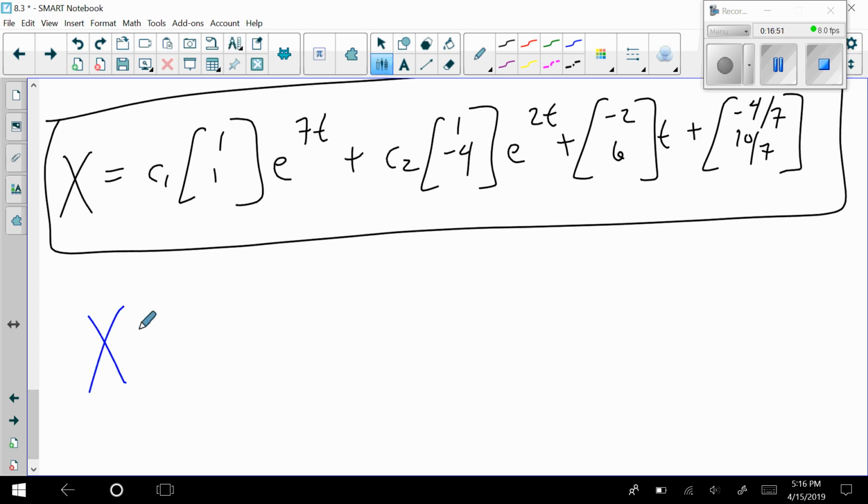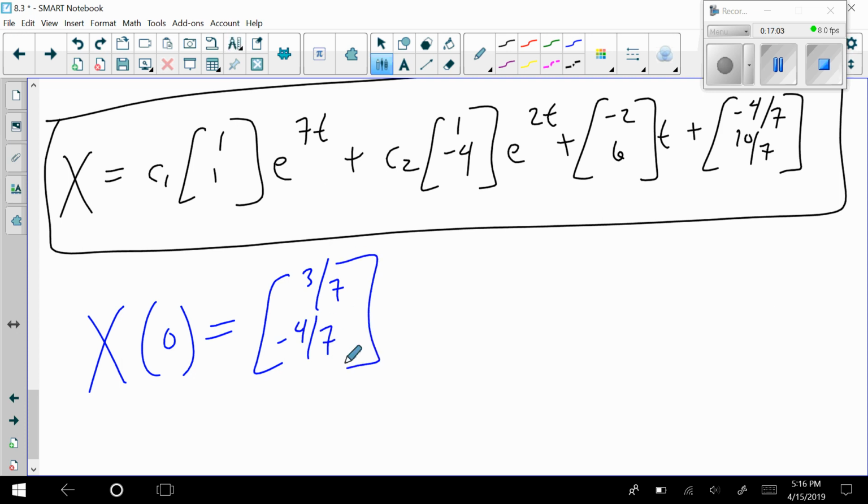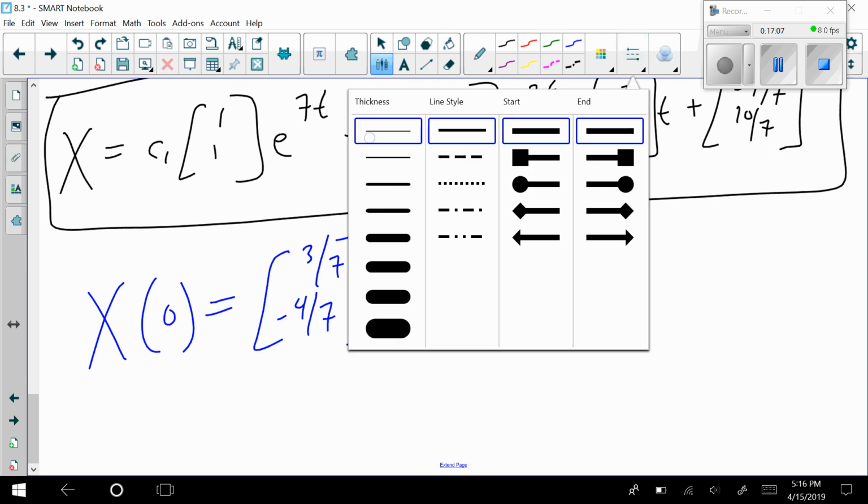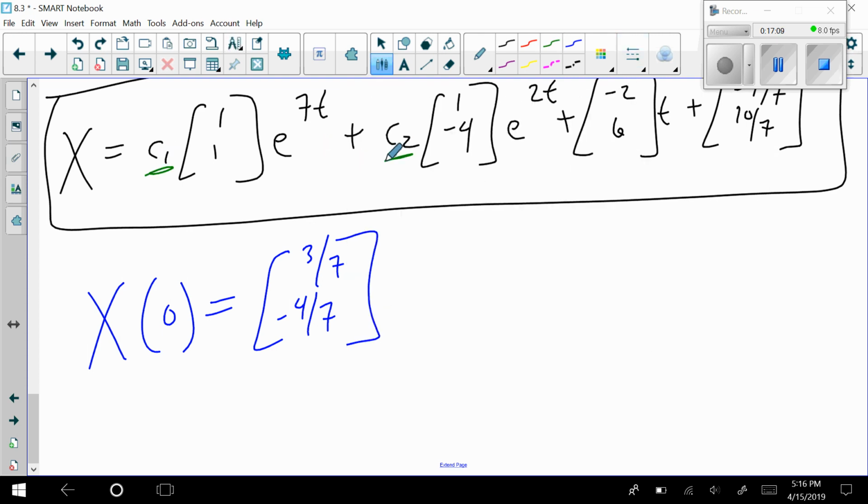In fact, I think I want the initial big X at 0 to be equal to 3 sevenths and negative 4 sevenths. Okay, what does this do to us? Well, it's going to allow us to solve for these constants.